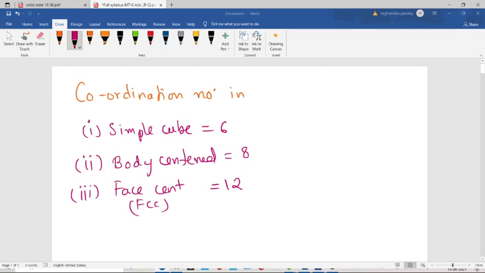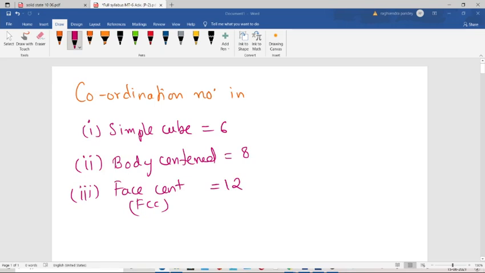Now here it is written as n is equal to 8. n is your unit cell number. Now, n is equal to 8 means there are 8 unit cells. If we increase the unit cells, the packing fraction doesn't change.